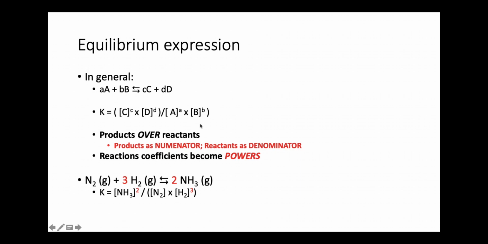So products over reactants and coefficients become powers. So that's how we created K is NH3 to the power of 2 divided by the concentration of N2 to the power of 1, but we don't show the 1, times the concentration of H2 to the power of 3, because there's the 3 as a coefficient here, and we see it back as a power.